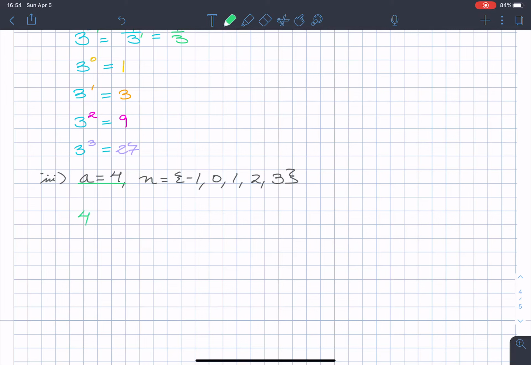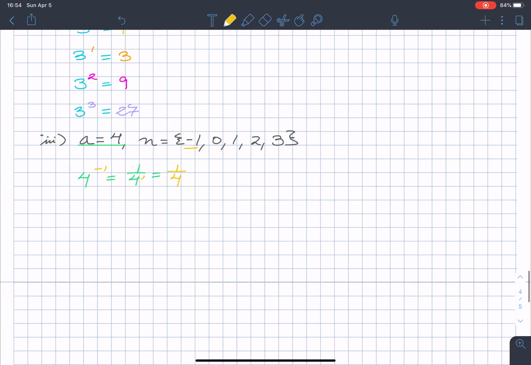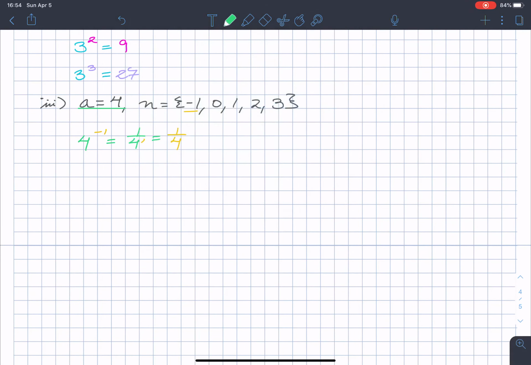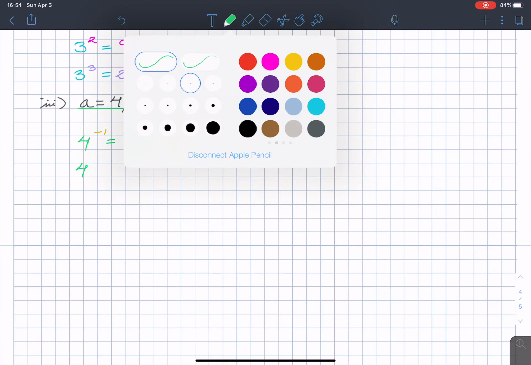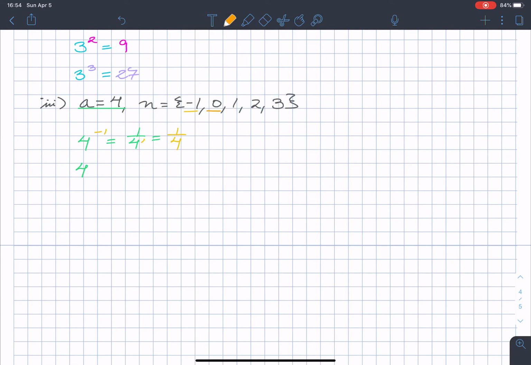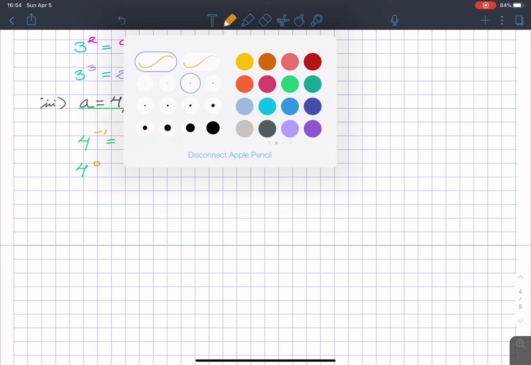I have 4 to the negative first power. What that means is 1 over 4 to the positive first power. And of course, anything to the first power is itself. So this just becomes 1/4. Now let's do 4 to the 0th power. And anything to the 0th power is just 1. So this will be 1.